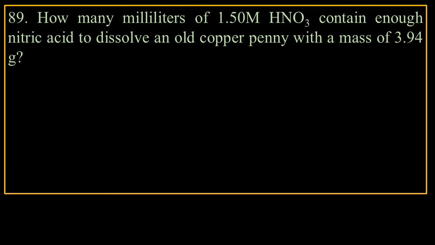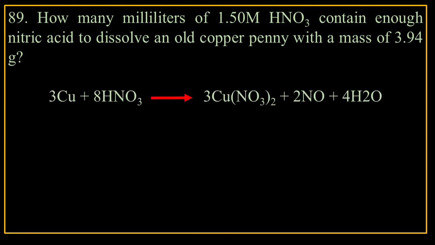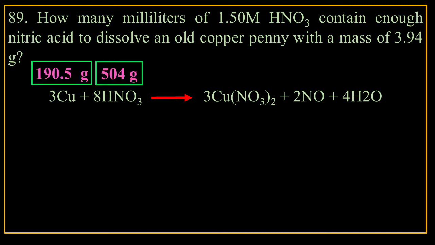How many milliliters of 1.5 molar nitric acid contains enough nitric acid to dissolve an old copper penny with a mass of 3.94 grams? So there's the stoichiometric equation, and we're assuming that the penny was pure copper anyway.